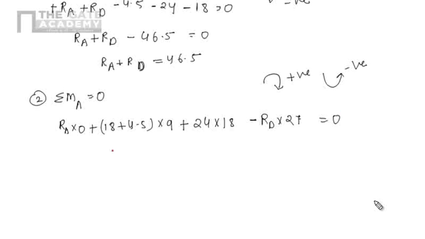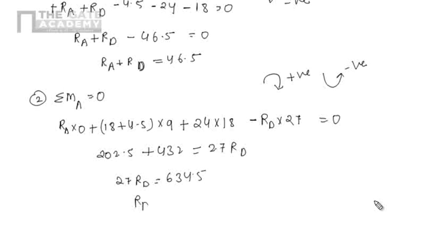If we solve this, we have 202.5 plus 432 equals 27 RD. So 27 RD equals 634.5, and RD will be 634.5 divided by 27, so RD will be 23.5 kilonewton.